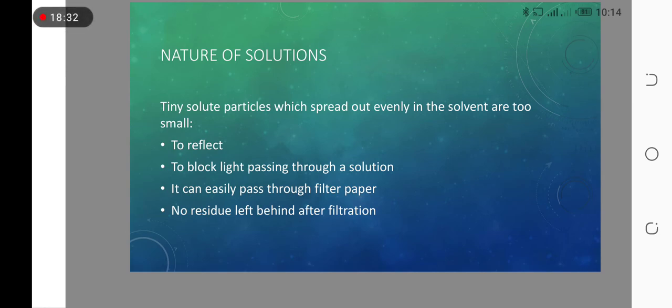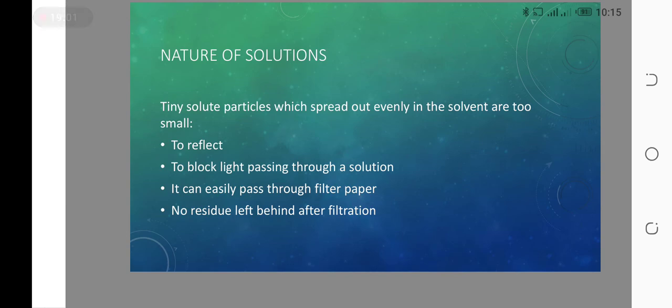So today, first of all, we have taken a difference between solution and suspension. After that we have discussed solute and solvent. We have also discussed solution, that is, a solution is a mixture in which its components are evenly mixed.